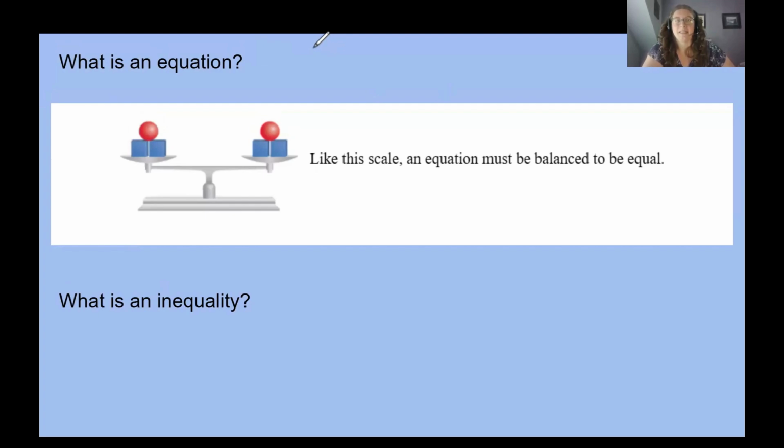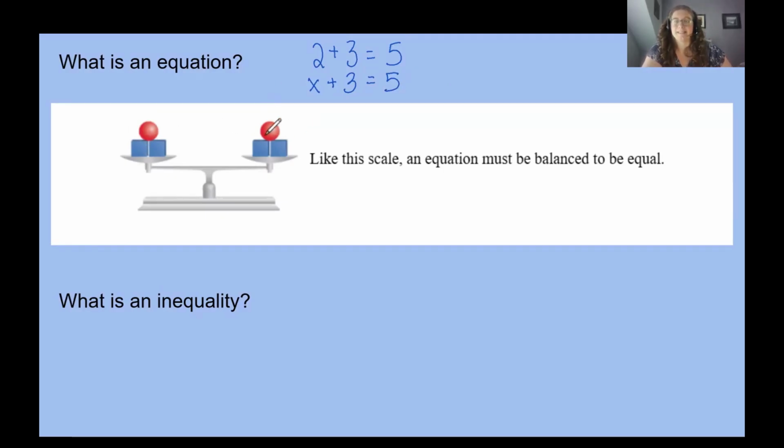So we could have something like 2 plus 3 equals 5. We could have a variable. We could have x plus 3 equals 5, but we're comparing the two sides of the equal sign and saying that they are equal. So just like a balanced scale, the two sides of an equation are equal.